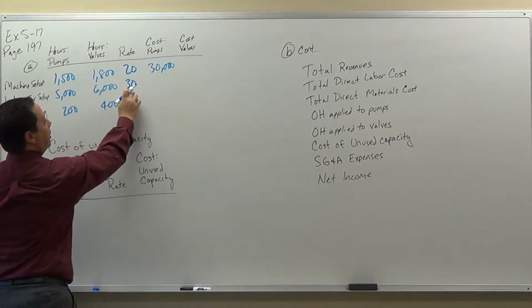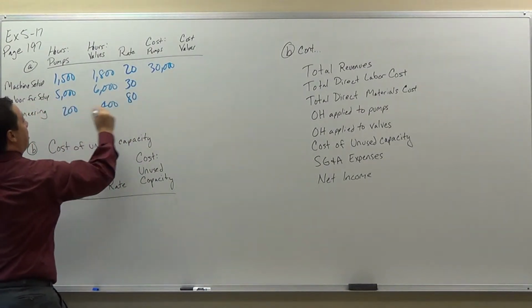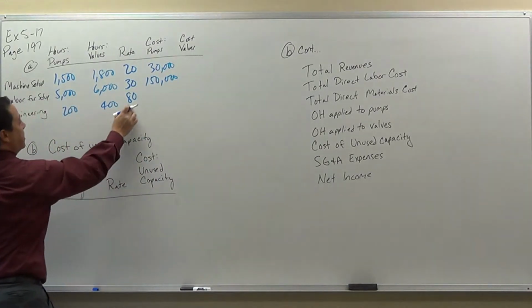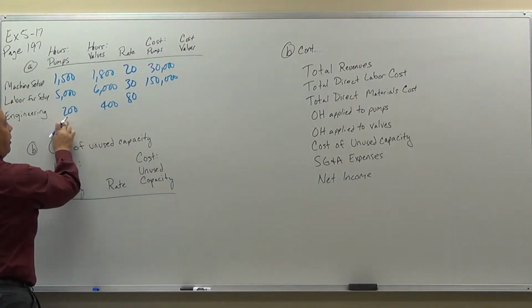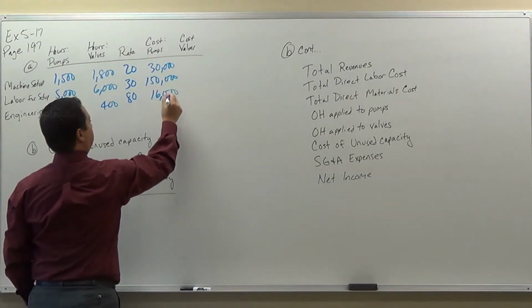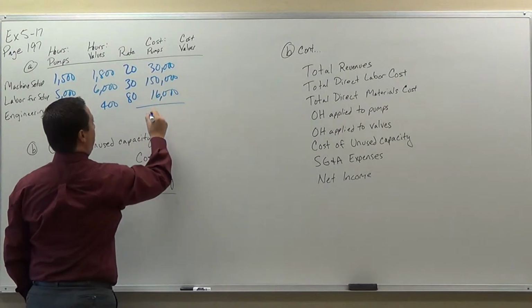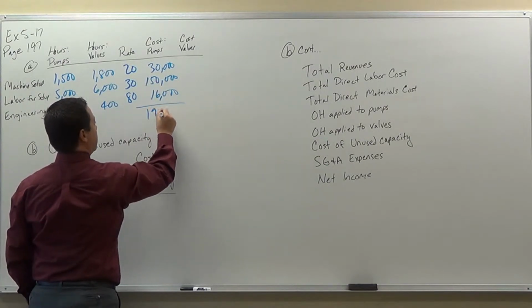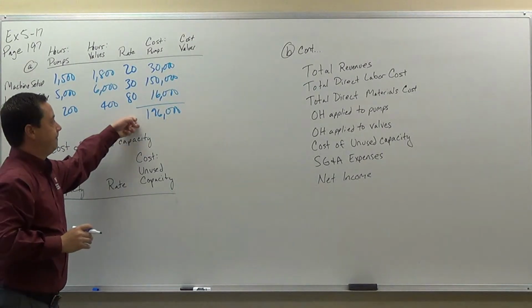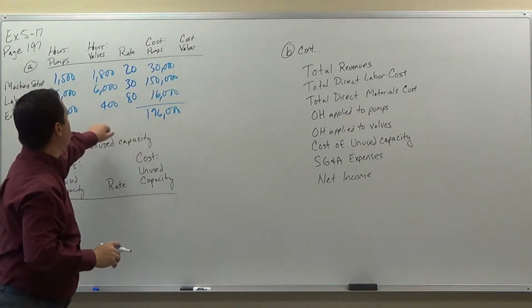So it'll be 30 times the 5,000, which will give me 150,000. And then lastly, the 80 times the 200 here, which will give me 16,000. So if I total all that up, it looks like that's 196. Now that gives me my cost for my pumps. So 196,000.